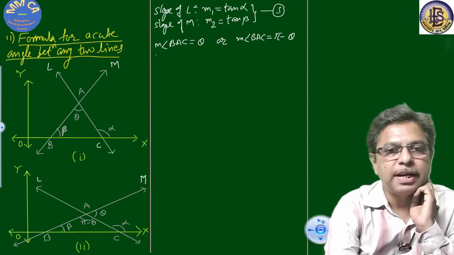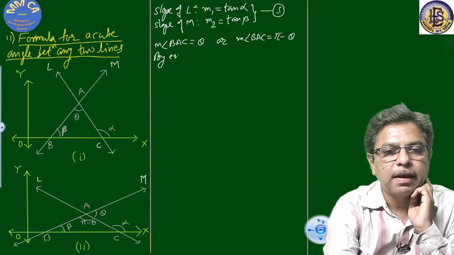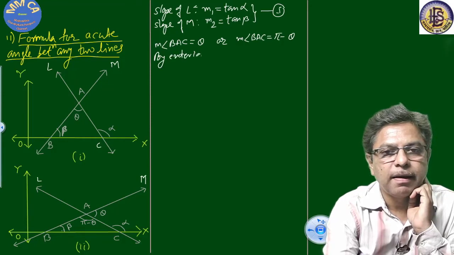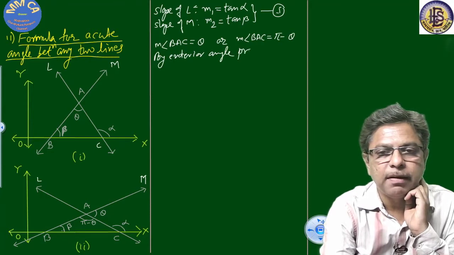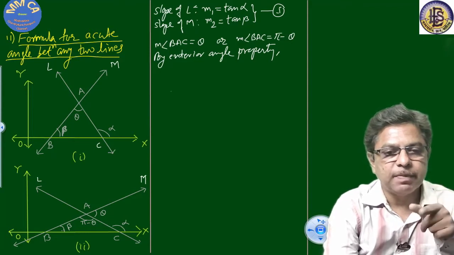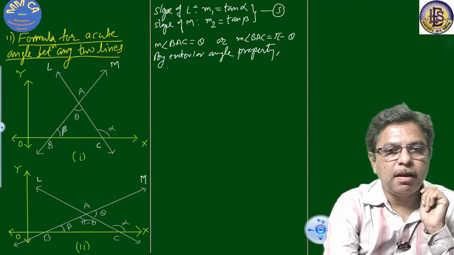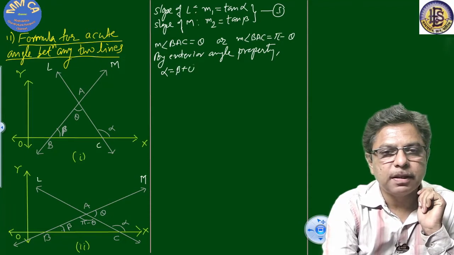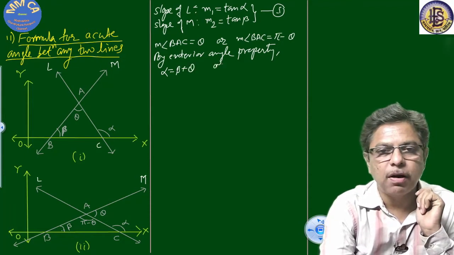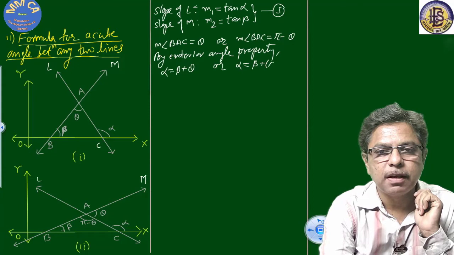So by the exterior angle property in a triangle, what we are getting, see the difference: alpha is equal to beta plus theta in the first case, or alpha is equal to beta plus pi minus theta in the second.